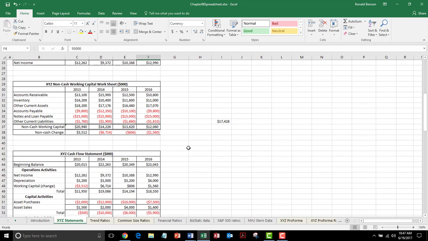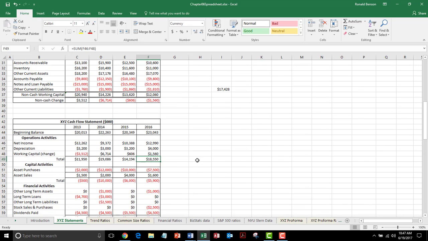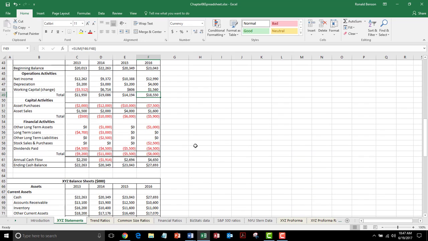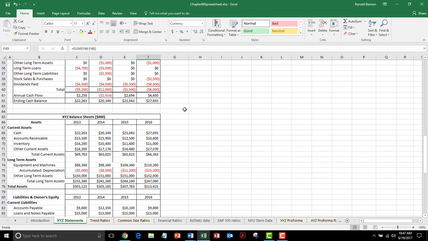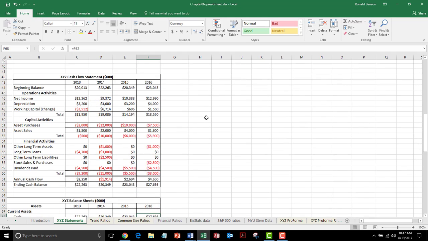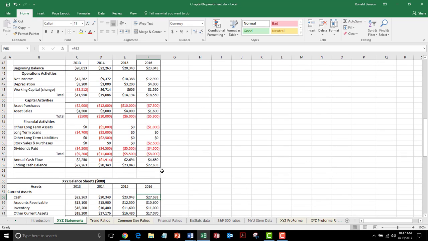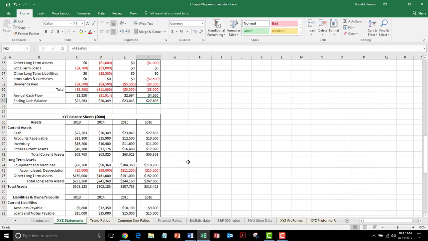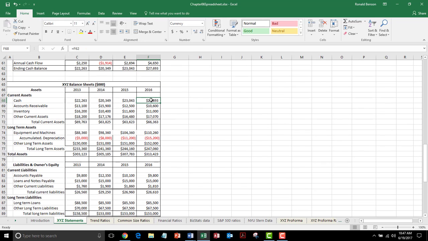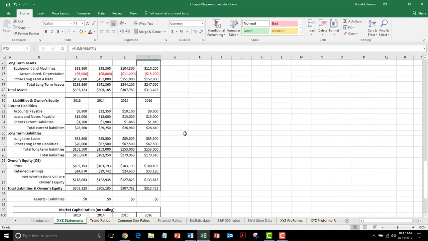The 12,290 then is carried down to the net income here, which changes the total cash from operating activities. But that cash carried down to here, 27,795. Where's the cash flow statement? 27,693. 27,693, which changes total current assets.